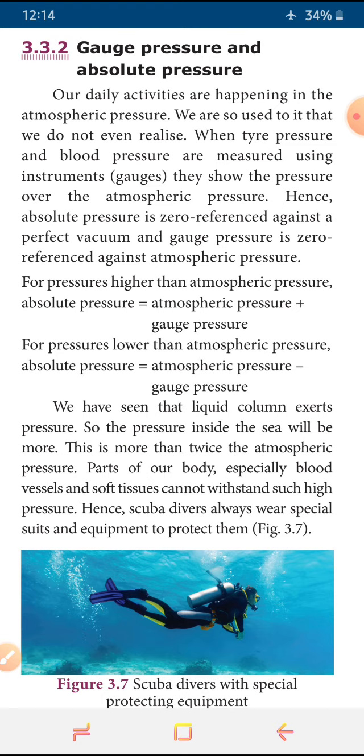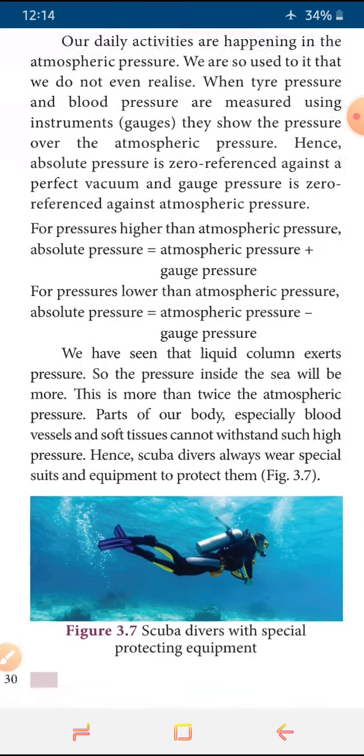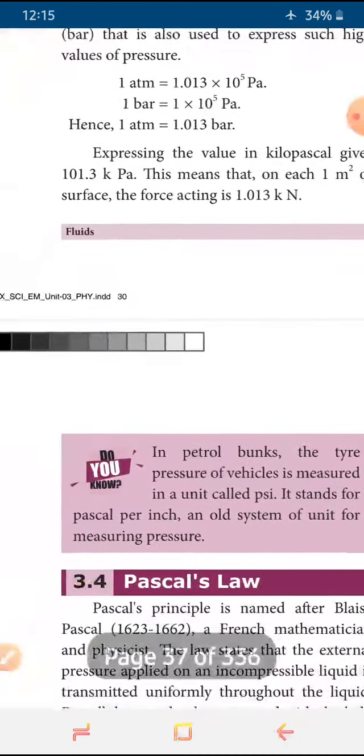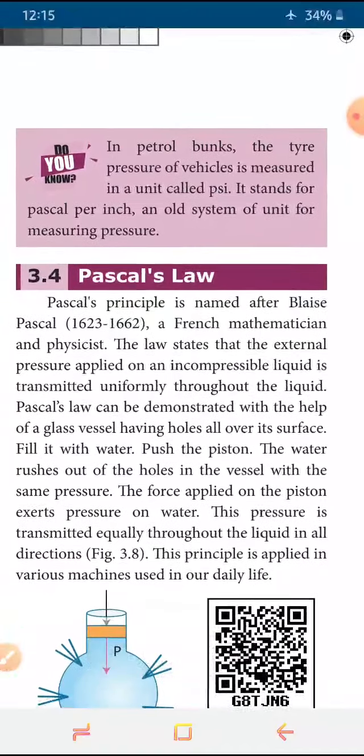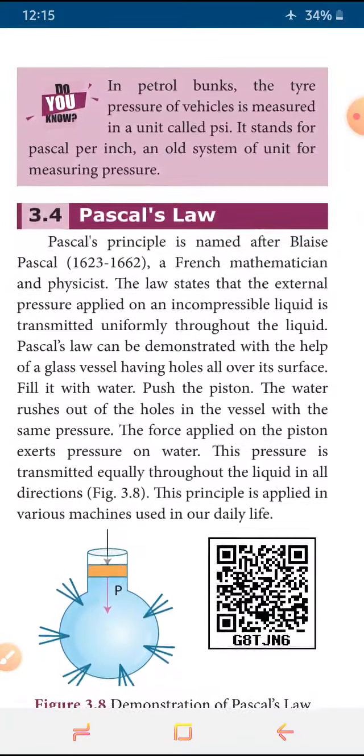So that's why the scuba diver, who is going deeper into the sea, wears a separate dress code, okay, to reduce the pressure. Understood, children? This is called gauge pressure and absolute pressure. And do you know, in petrol bunks the tire pressure is shown in PSI.